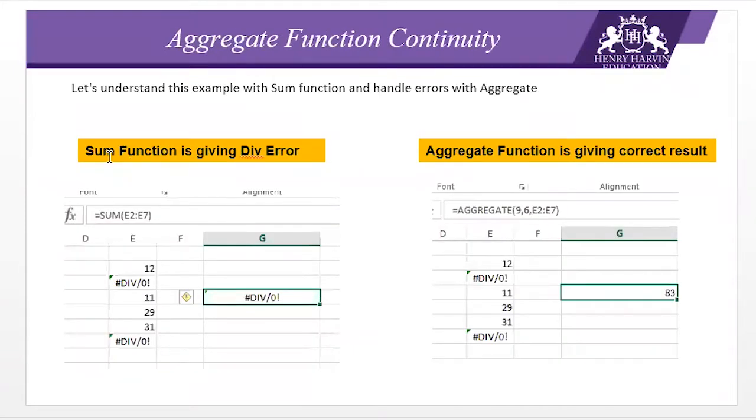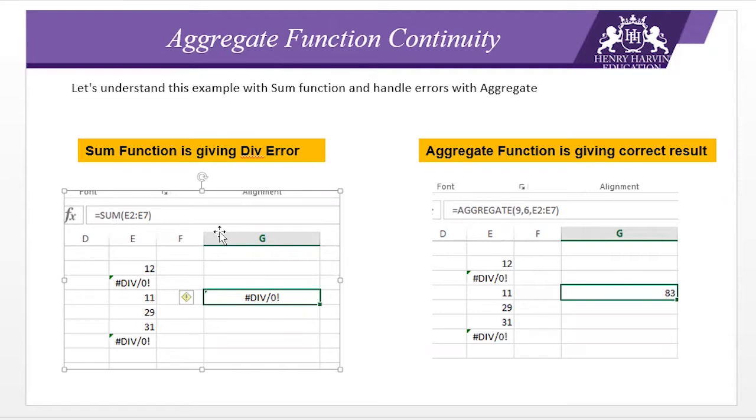Guys, you know how the sum function works in Excel. When we have some errors, you can see in column E we have some division errors, but now there is no result when we apply the sum function. So it is very important to understand what we can do to get the complete result. This is very common data which we keep getting in our day-to-day life, where some errors are there.